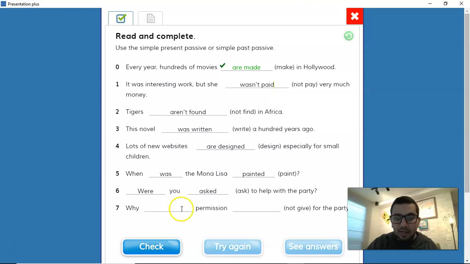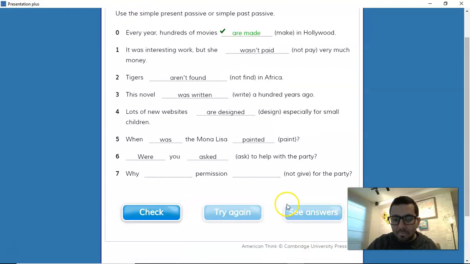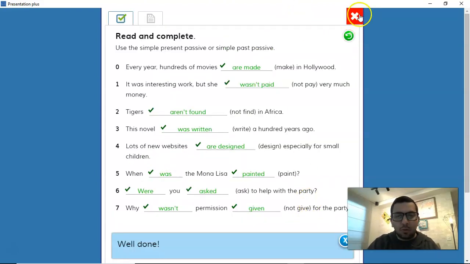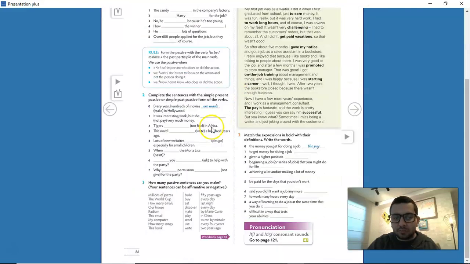And 7, why not give for the party? Why not in the negative? Why wasn't permission given for the party? Let's check. It's a question in the negative, a negative question. Okay, guys? All right. So this is activity 2.